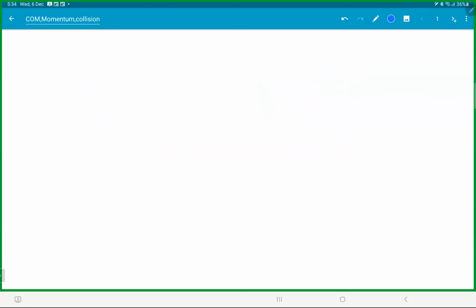So how do we decide what happens? First of all, you need to define translational and rotational motion. So let's start from there. What is center of mass? We'll simply call this COM.